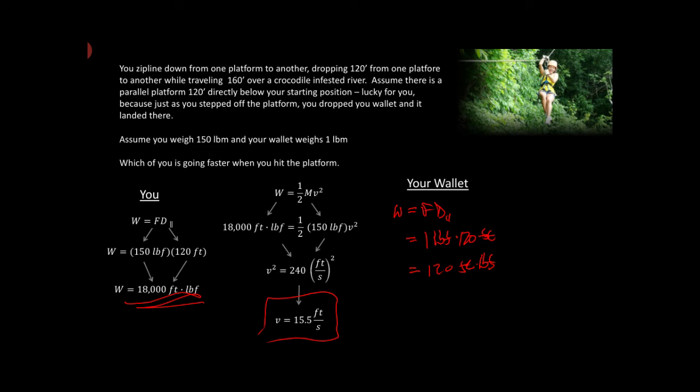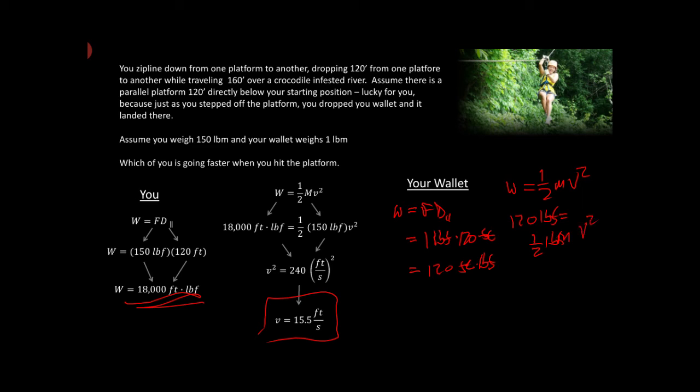So what does that mean about the speed? Well, we do 1/2 m v squared. We have 120 foot-pounds on this side, equal to 1/2 times 1 pound of mass times v squared.